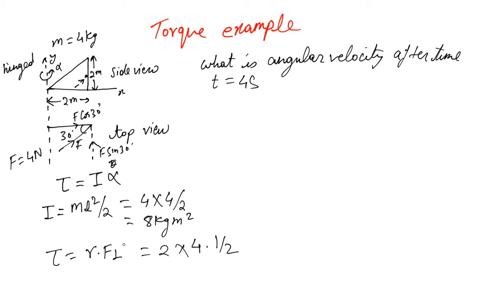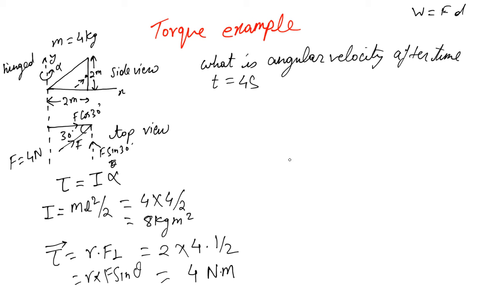This is F perpendicular, or if you really want to see, this is actually F sine theta. It's just a multiplication, not a dot product, and that gives us 4. What are the units? It's going to be Newton times meter. You might have seen these units earlier also in case of work, when work was defined as F times D, force, which is Newton, and meter.